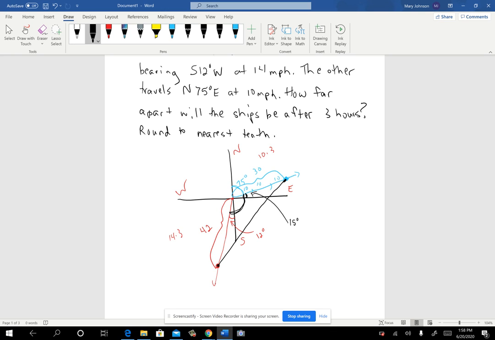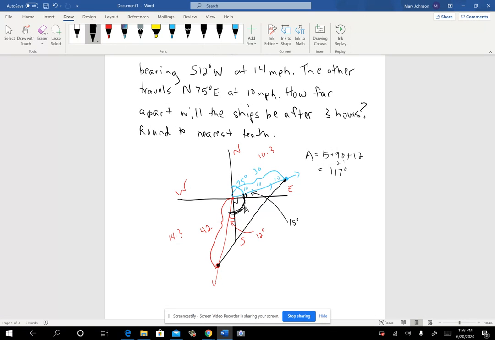And then we know this is 90 right here, and then we already have the little 12, the extra amount that we need right there. So that angle that we're needing, let me call it angle A. Angle A would have to be the 15 plus the 90 plus the 12, and that would give us 117 degrees right there.